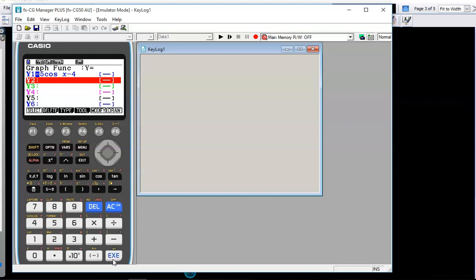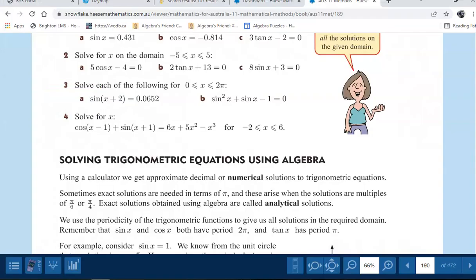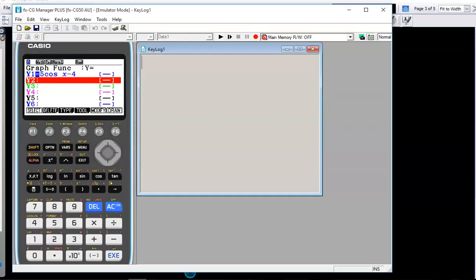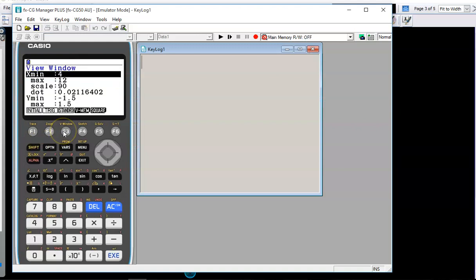We're good? Now, again, if I was to just go press draw, it's not going to be very nice to me. Lucky for us, they've given us our domain, between -5 and 5. Oh, I keep pressing the wrong button. So we go Shift View Window, -5, Enter, 5, Enter, right?